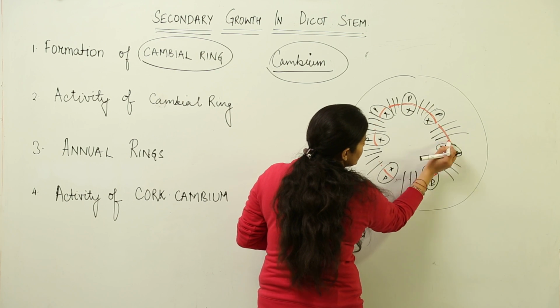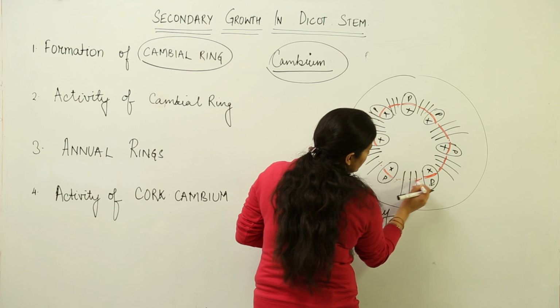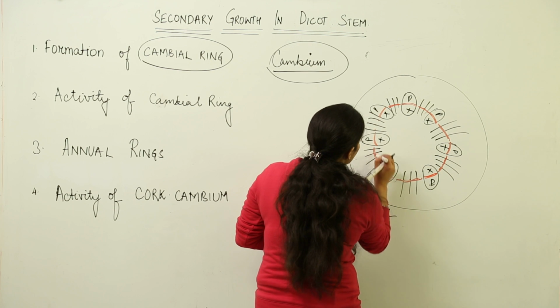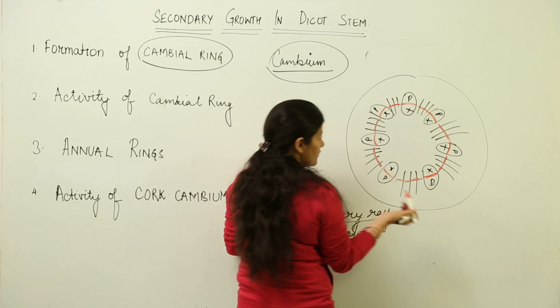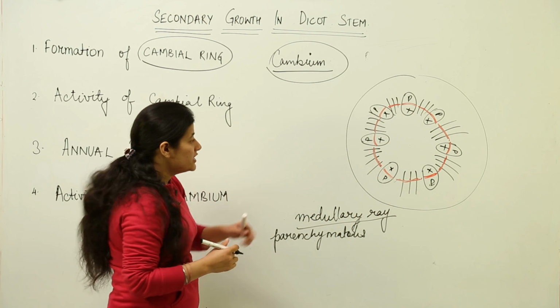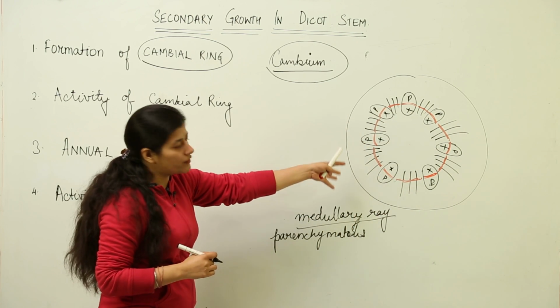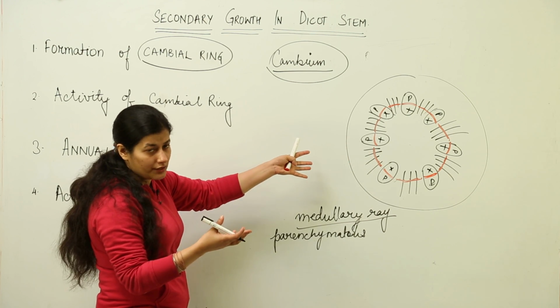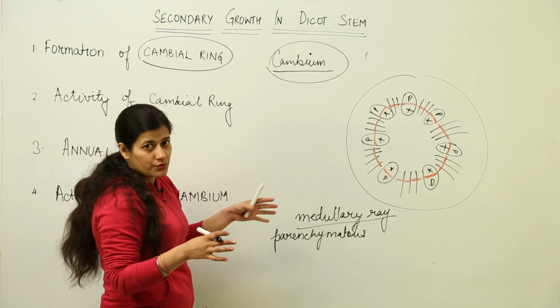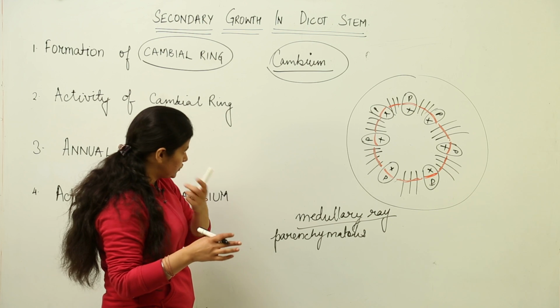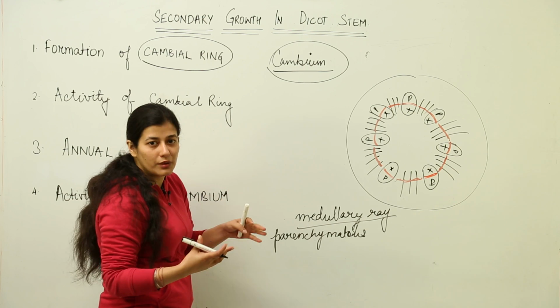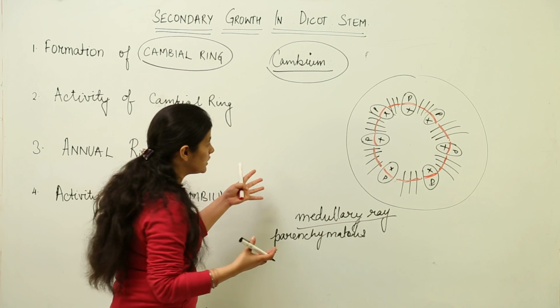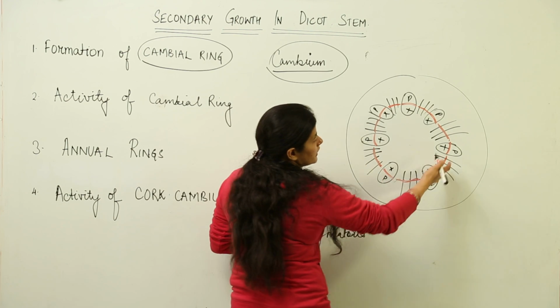So this process has to take place, and that we study as the very first step in the secondary growth. So we are arriving at something that looks like a ring. Don't worry, we are going to have a projector presentation so that you can associate in a better way with good diagrams. Mine is just a rough representation. So we get a cambial ring.